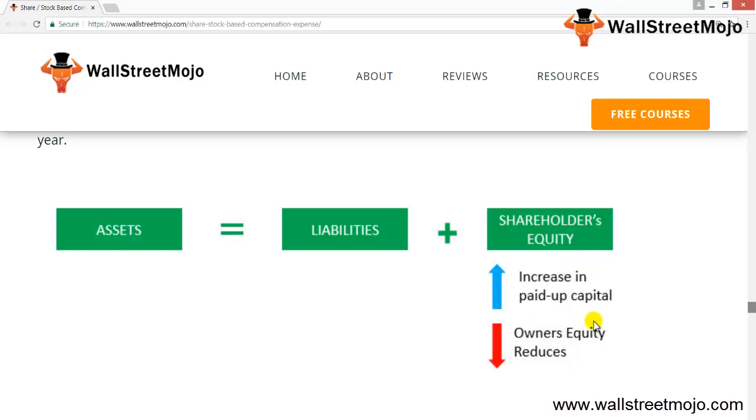If the company goes by the second option that we have discussed, the company will increase the paid up capital in lieu of issuing the additional shares. So what will be the impact on the cash flow statement? See, again, consider the two ways of compensating a stock option holder as discussed above. If the company goes for the first option, that is paying the difference in cash, then it will have to record the cash flow from the financing activity.